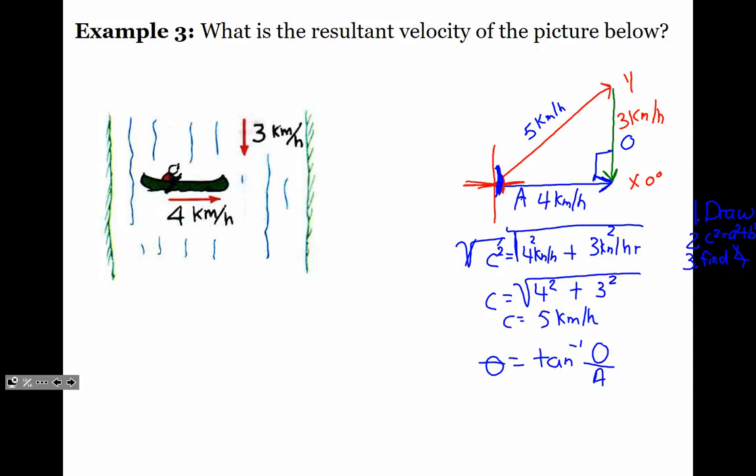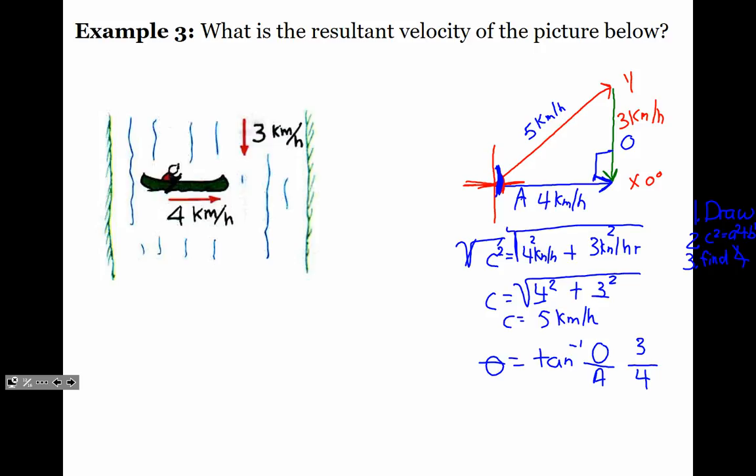So when I plug this in, on the previous problem it didn't matter who was where, 4 or 3, but on this it does. So you have to have your 3 up here, and you have to have your 4 down here, and you put that in your calculator. And by now we should know how to use this. Second tan, and that gives you tan inverse.